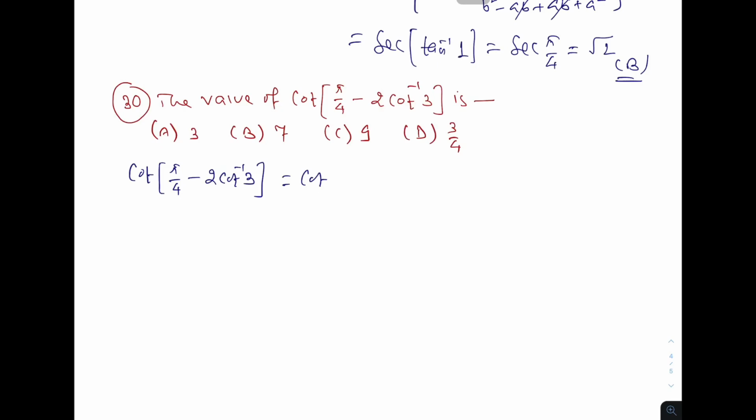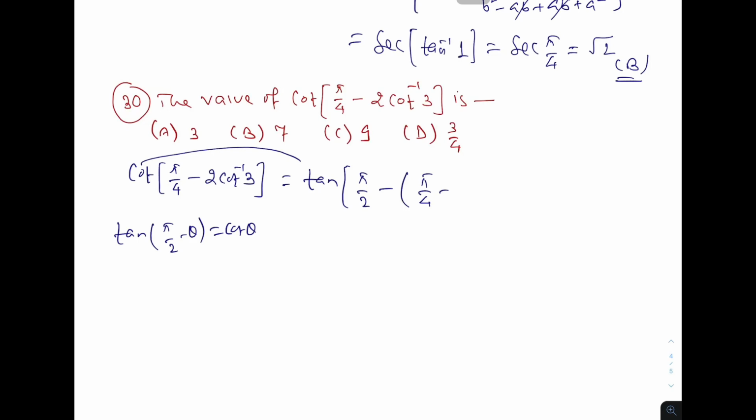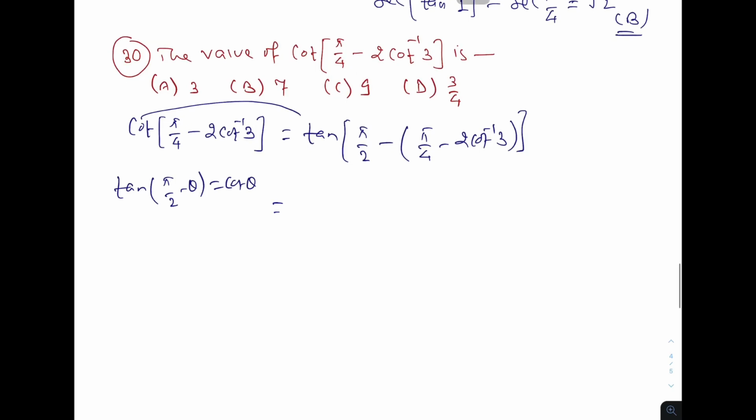Now let us do like this, convert into say tan. So if I consider this cot and tan, so tan of pi by 2 minus theta is cot theta. So I can write this as tan of pi by 2 minus (pi by 4 minus 2 cot inverse 3), like this.